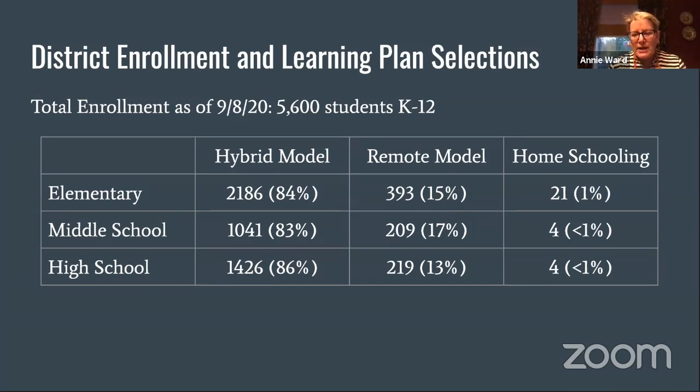We also had a fairly growing amount of interest in a full remote option. And so we did first an interest survey, which was not binding, just to help us understand if this is really something that we should pursue.